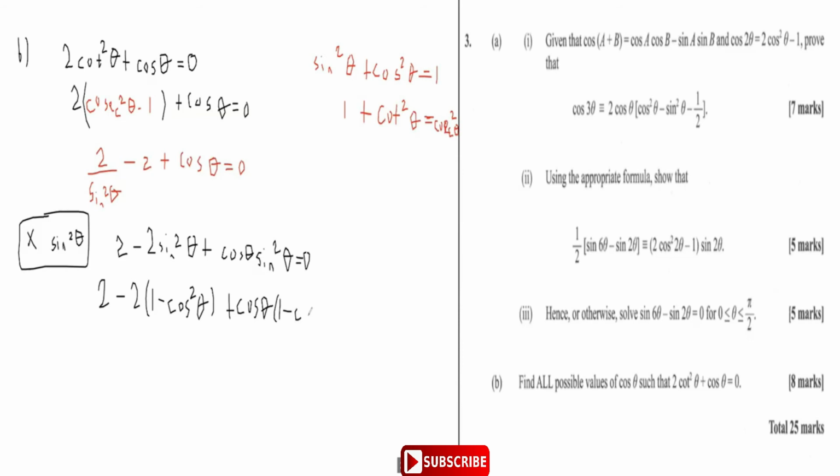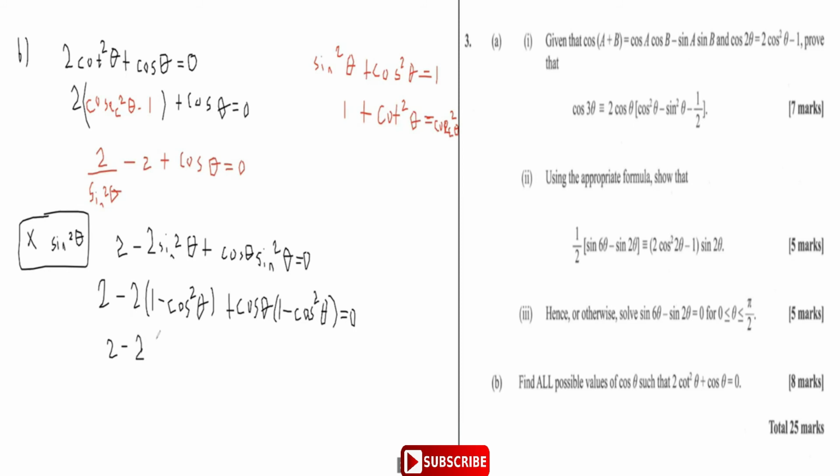We're almost finished. Now that we have this, what I want you to do is expand it right away, and you're going to get 2 minus 2.